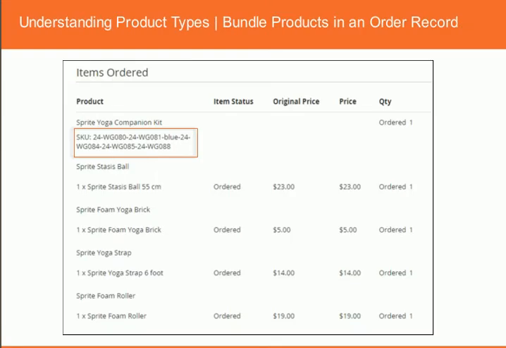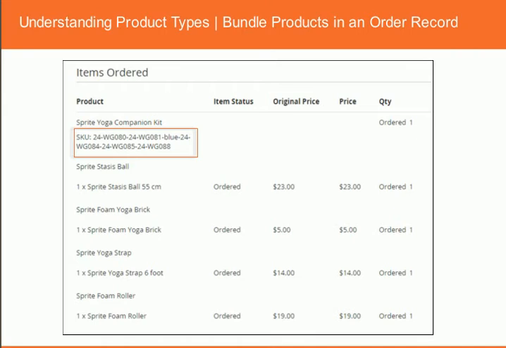In an order record in the admin, fixed bundle products will show a single SKU for the bundle product record. For a dynamic bundle, the order will show both a SKU for the bundle and the SKUs for the elements selected by the customer. The way bundle products are structured in Magento makes it easier to keep track of inventory.